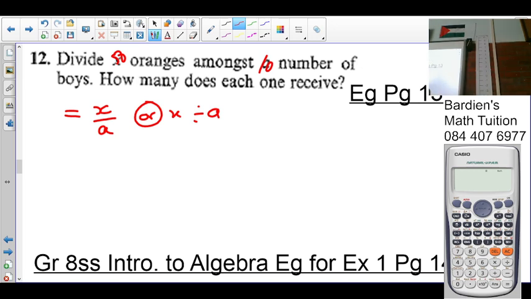If it's 500 oranges and 10 boys, then it would be 500 divided by 10, which is 50 oranges. Can you see that, people? In the same light as we do with numbers, we do with variables. You guys understand? Let's carry on.